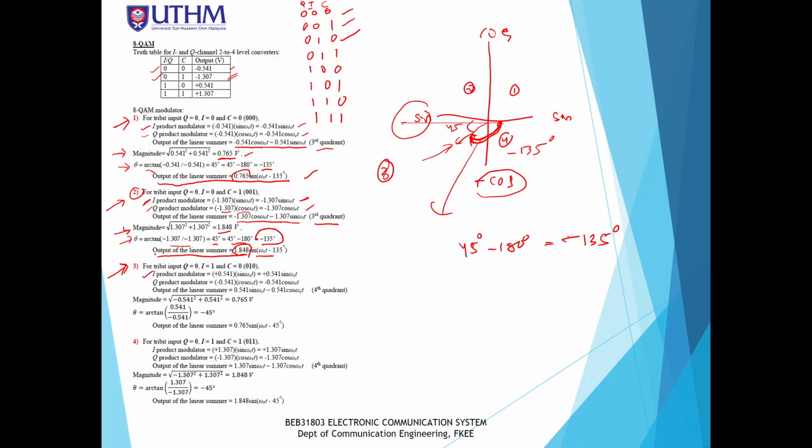For the I channel, 1 and 0, if you see from the level converter table, which is the third row, it will produce positive 0.541. And since it is the I channel, we multiply with the sine function. So the output of the product modulator would be 0.541 sine omega ct.